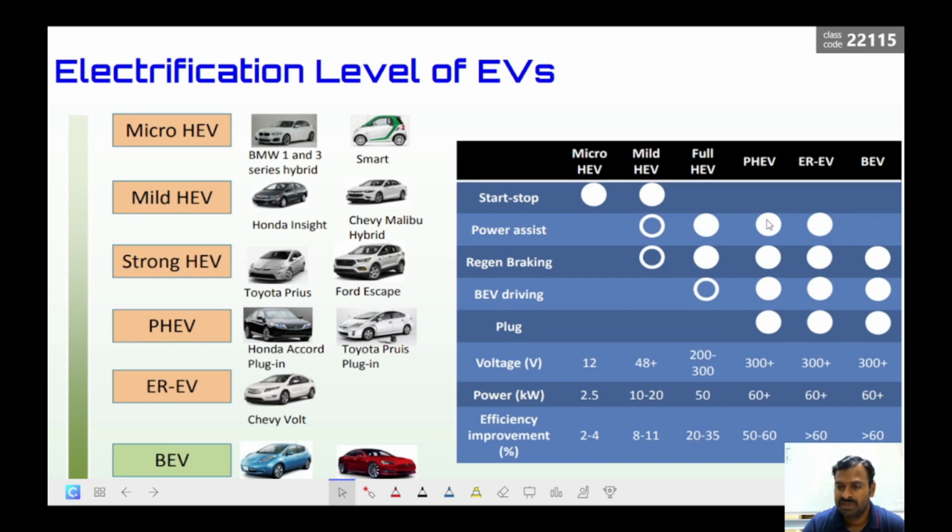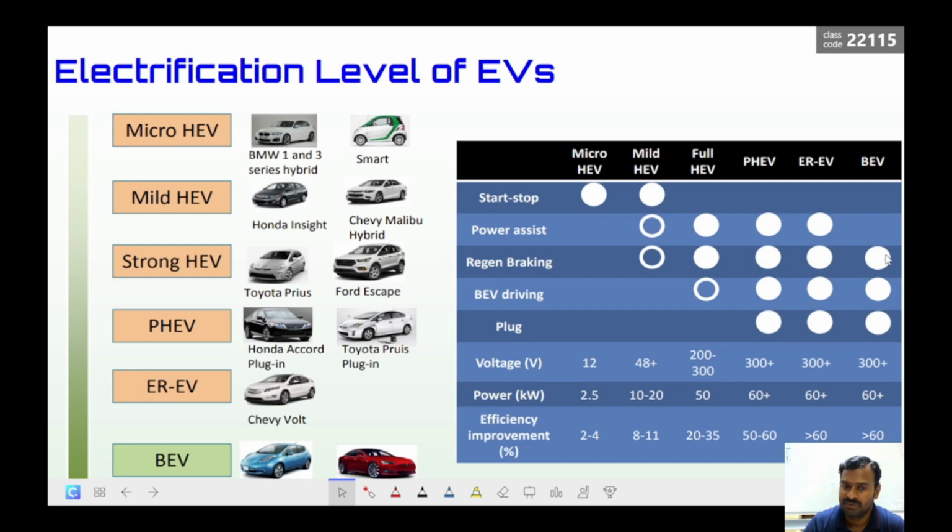And PHEV, that is plug-in hybrid electrical vehicles. It has power assistance, regenerative braking, BEV driving mode, and also a plug. That means you can charge these batteries by using the plug. Extended range electrical vehicles also have these capabilities: power assistance, regenerative braking, BEV driving, plug.